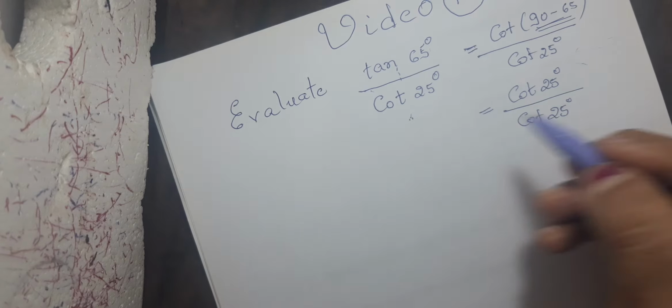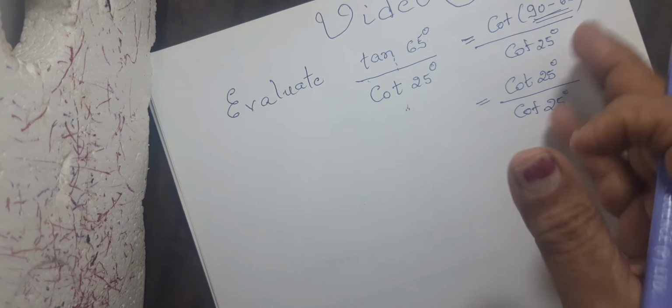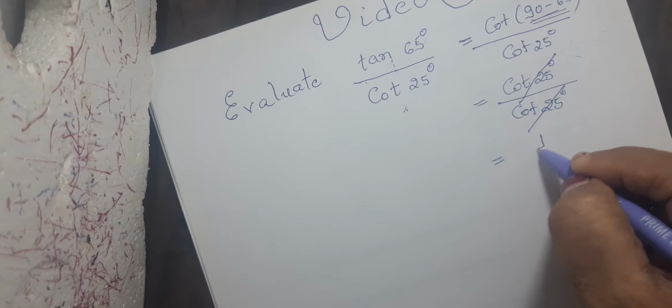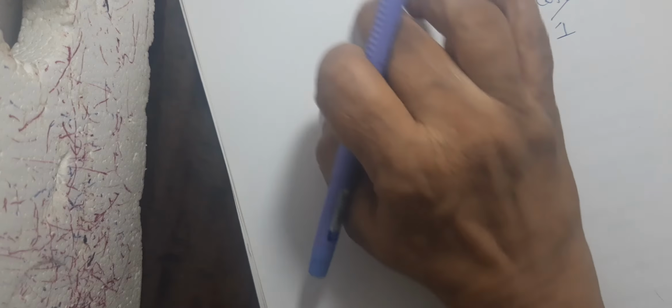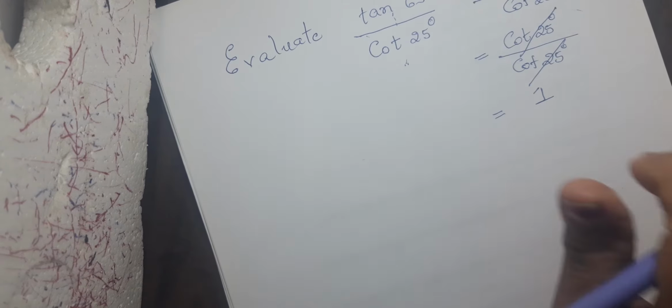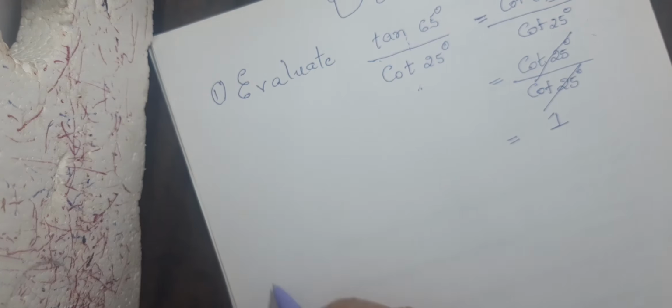Any one you have to change, I told you, so that they will cancel, and you will get 1 as the answer. So the value of this is 1. Understood, children? This is one problem I have done.